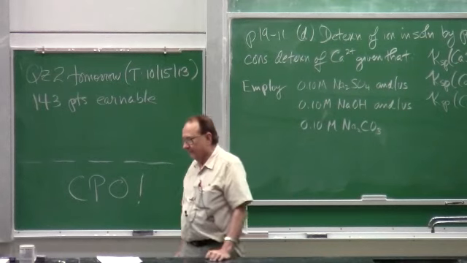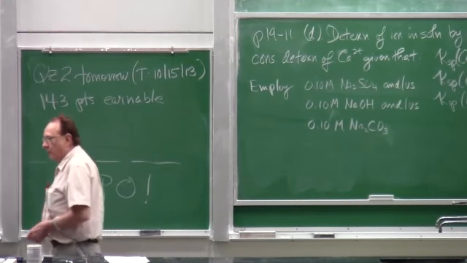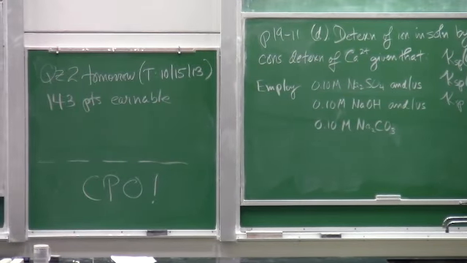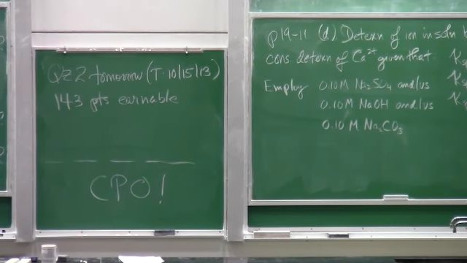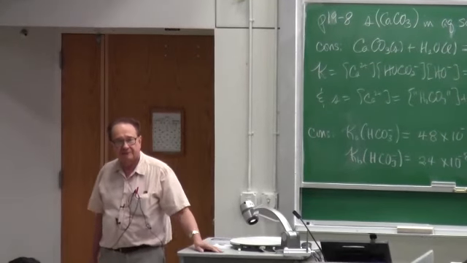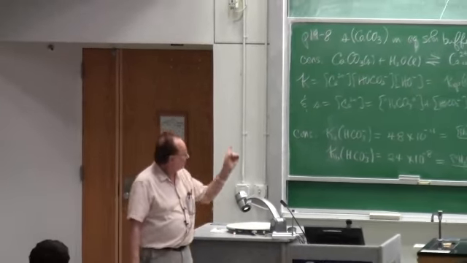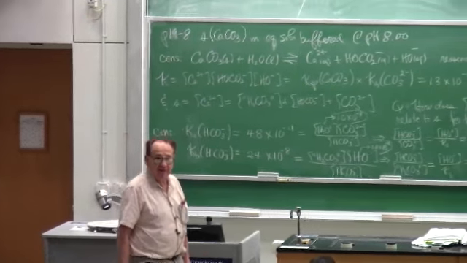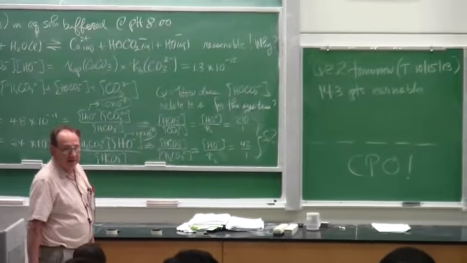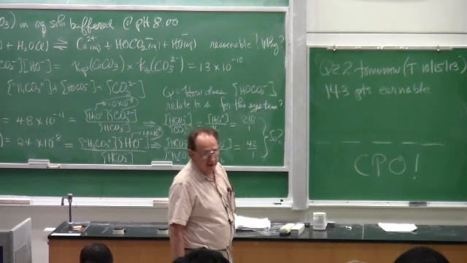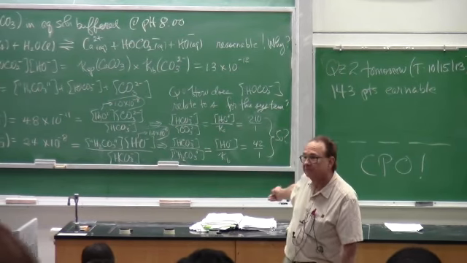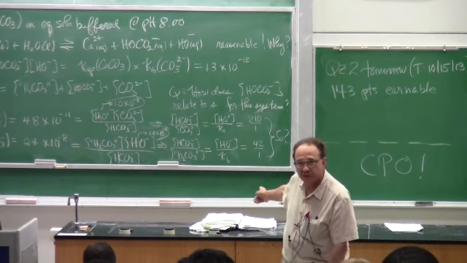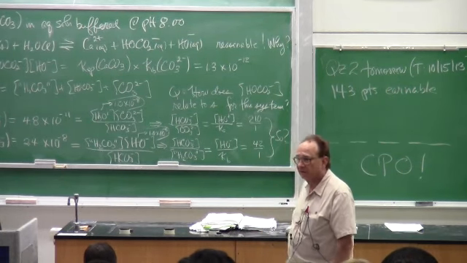Therefore, on considering the solubility in a water solution buffered at pH 8, where the only impact of the buffer is to maintain system pH, we know before we do any calculation, the solubility of calcium carbonate in this pH 8 system has got to be greater than it is in deionized water, where you get to pH 10. Because this is pH 8. This is 100 times more acidic than pH 10.